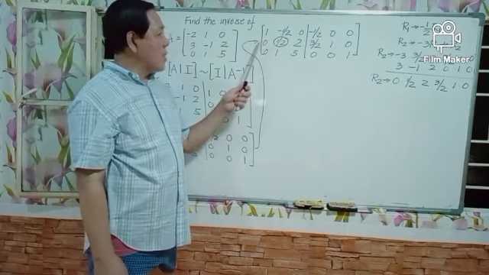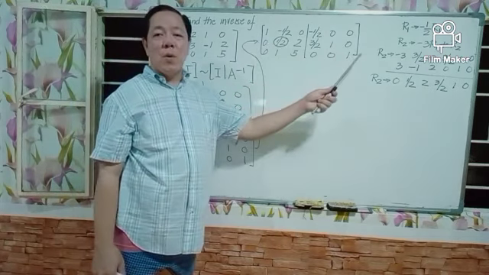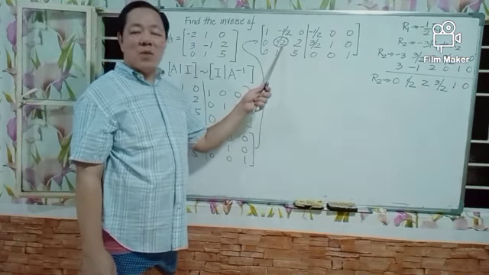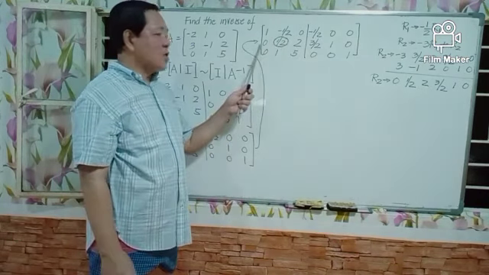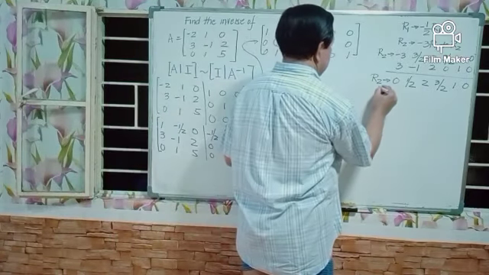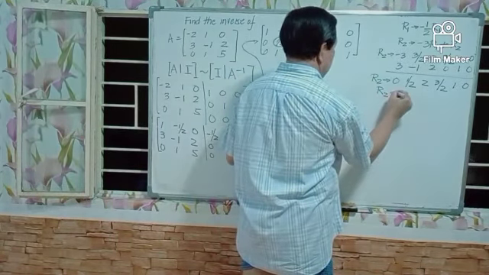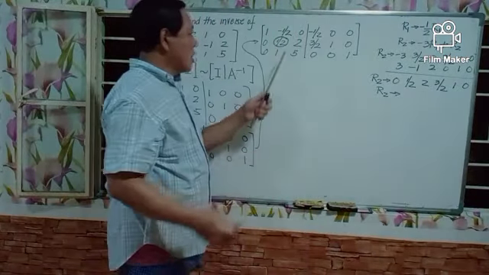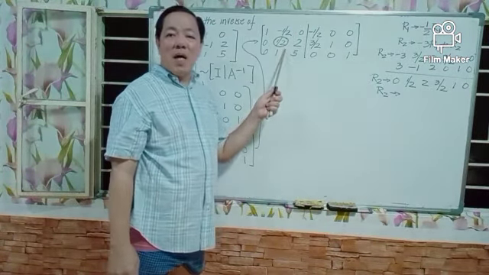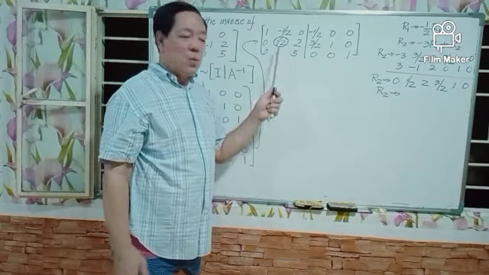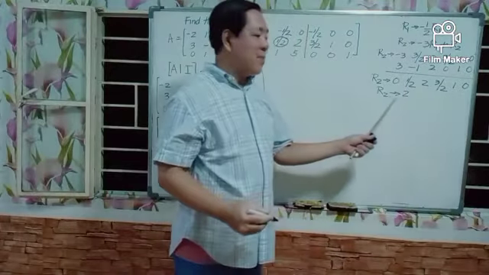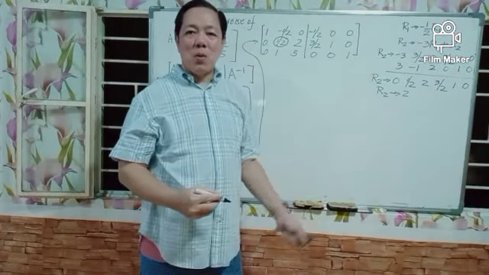But we have to multiply all the entries of row 2, not just 1 half. And 2 we multiply by row 2.